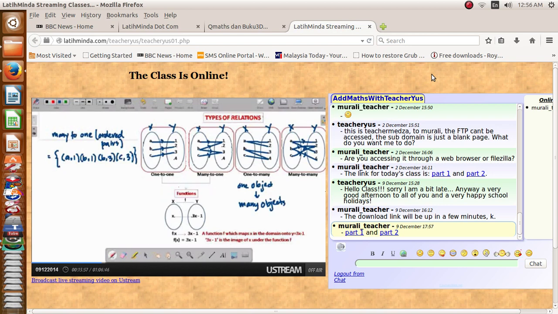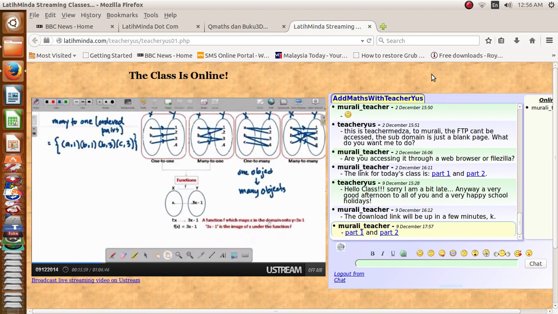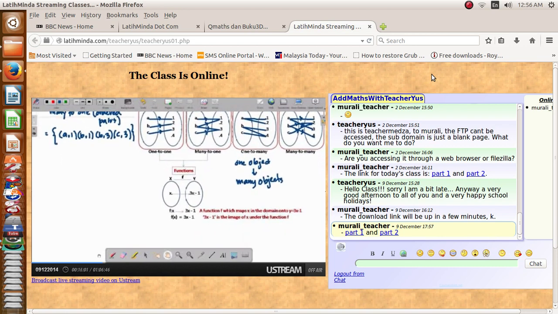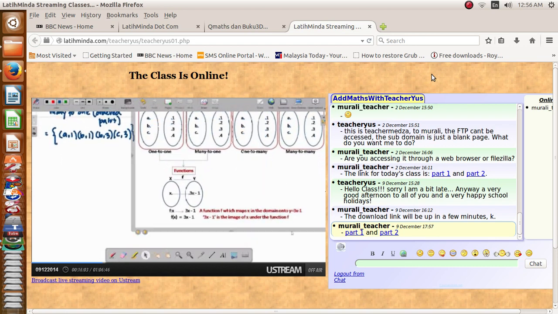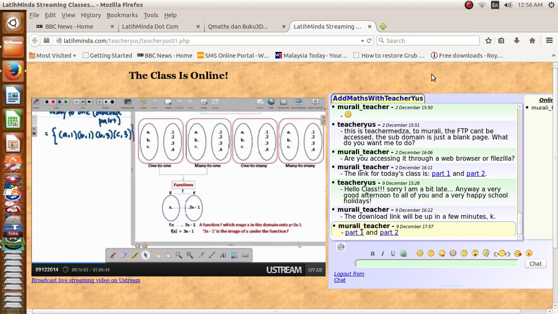I have drawn here a simple function. For example, set X with a function mapping onto set Y, with the rule that X maps onto 3x minus 1.